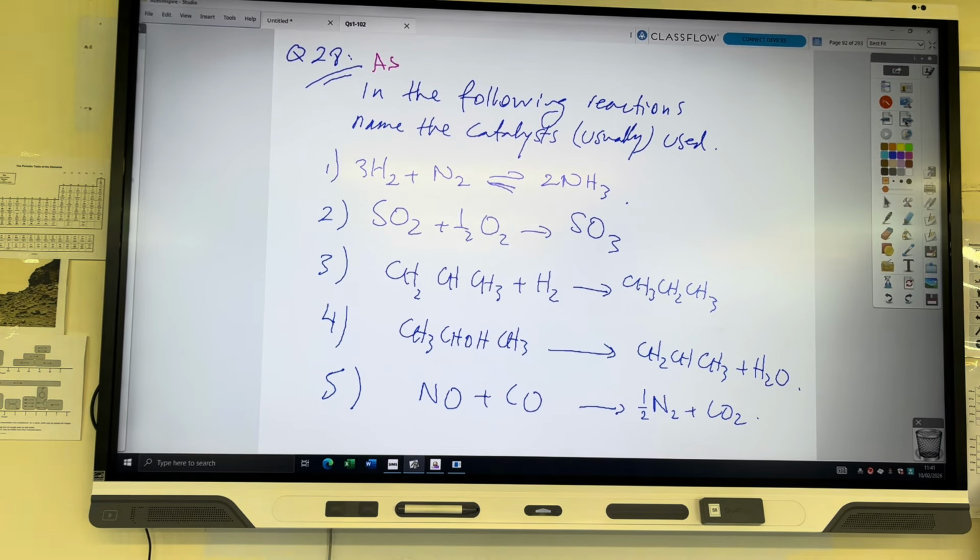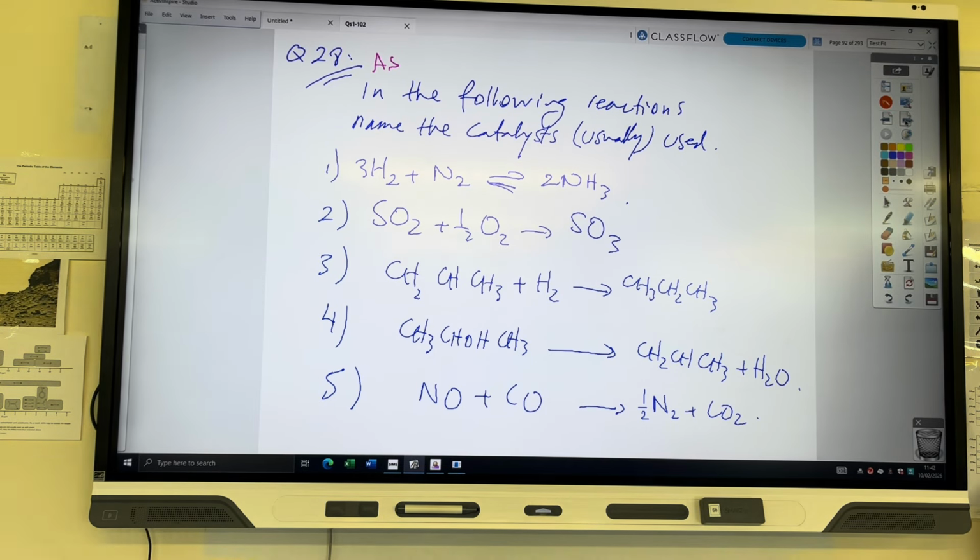Question 28, in the following reactions, name the catalysts that are usually used. Because remember, the catalysts that we use in chemical reactions are not necessarily the best, but the ideal and viable catalysts.